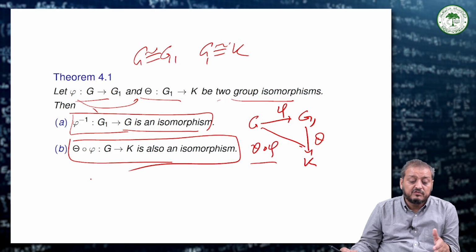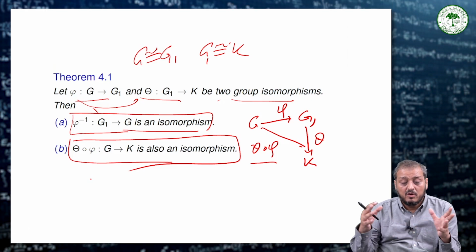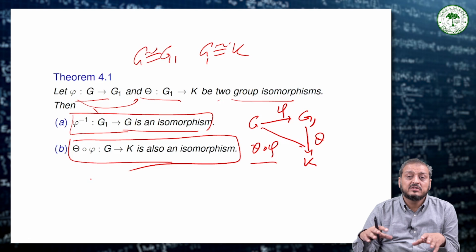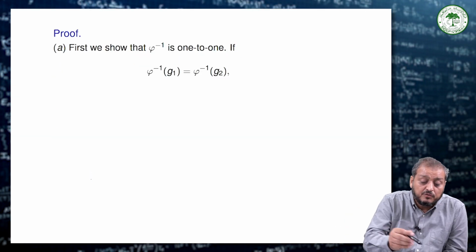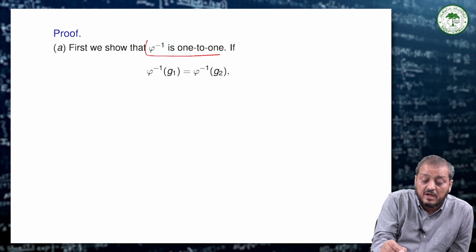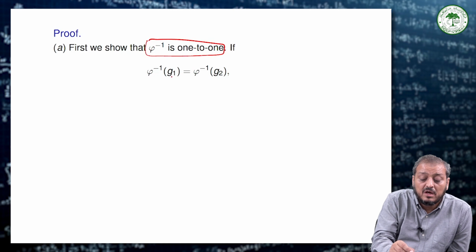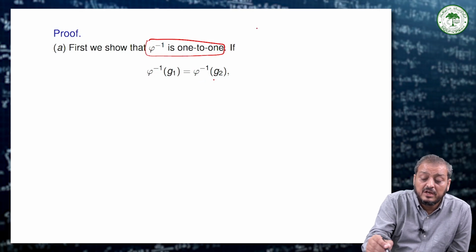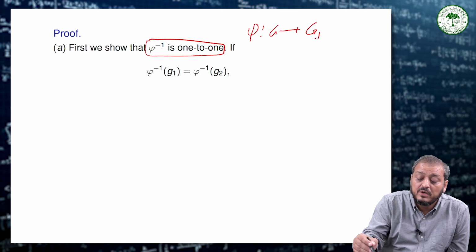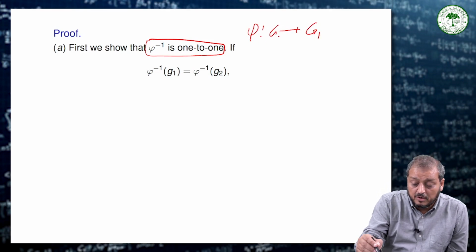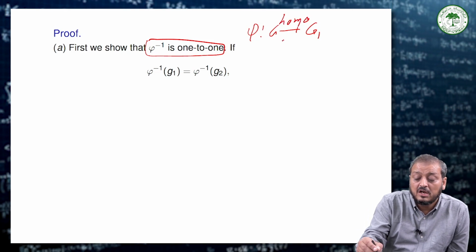First we prove that if phi from G to G1 is a group isomorphism, then phi inverse from G1 to G is also an isomorphism. First we show that phi inverse is 1-1, and then that it is a homomorphism. We are given that phi from G to G1 is an isomorphism, that means it is a homomorphism and also bijective.